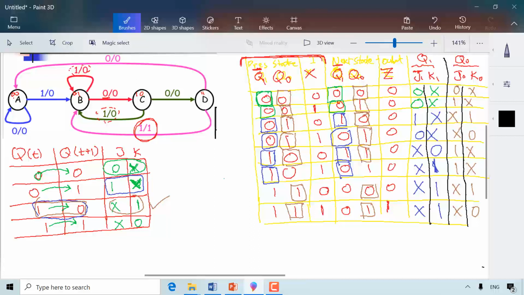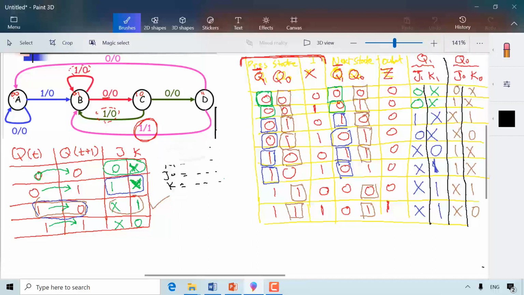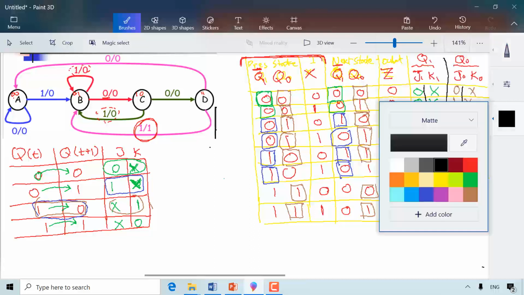I need to find the equations for J1, K1, J0 and K0, so I need K-maps.